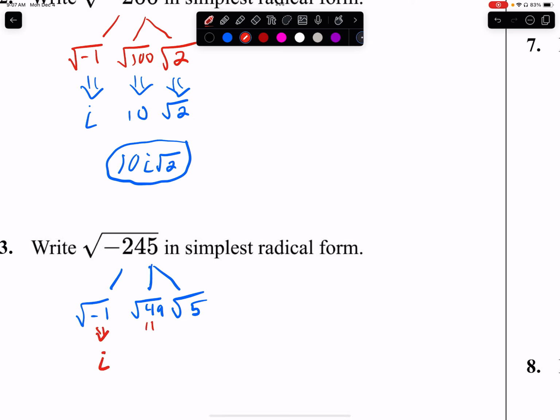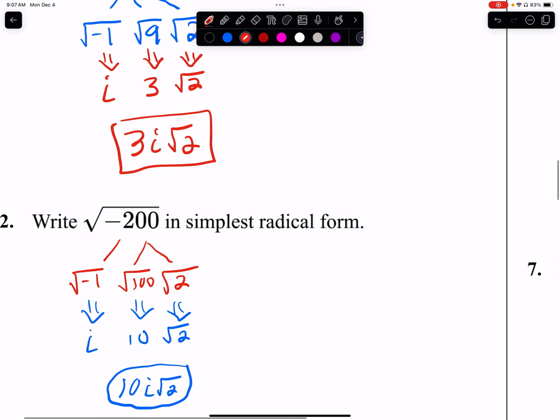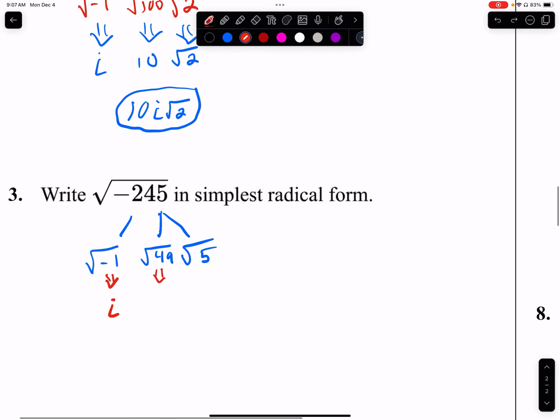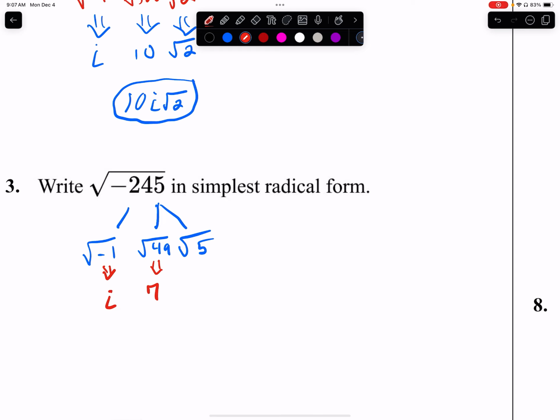The square root of 49, if we look back up to our table, is 7. So this turns into a 7, and then the square root of 5, there's nothing I can do, that remains an irrational number. So then I would write this as 7i radical 5, and then you are done.